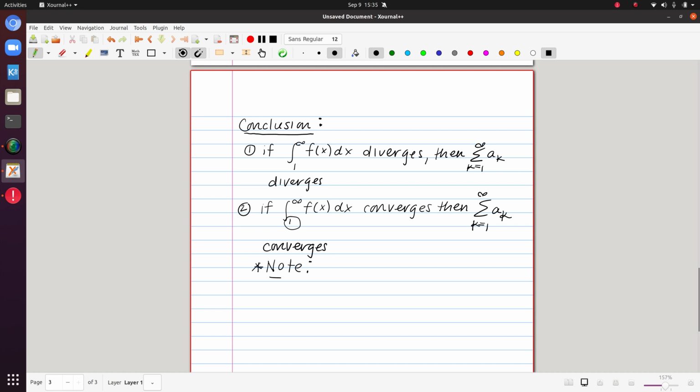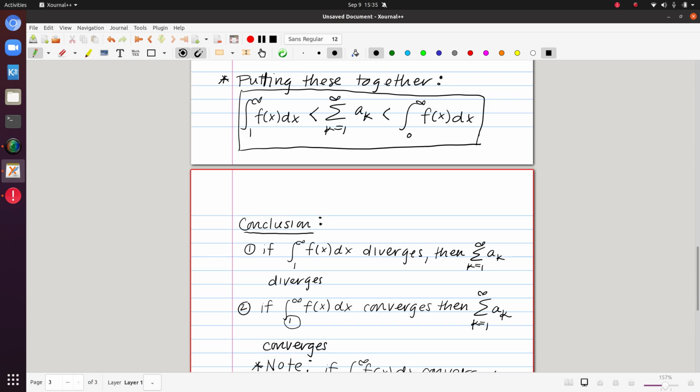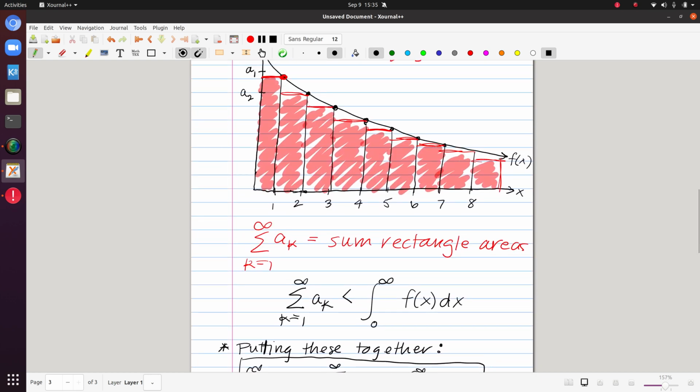If I told you that the integral from 1 to infinity of f of x converges, let's go back up to our picture here.